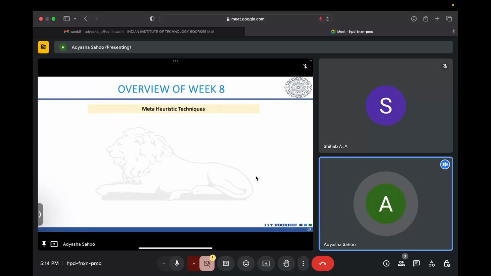But in the meta-heuristic type, we have algorithms such as genetic algorithm, ant colony algorithm, grey wolf optimization, and particle swarm optimization. These are various algorithms that are inspired by nature, the way nature operates basically.